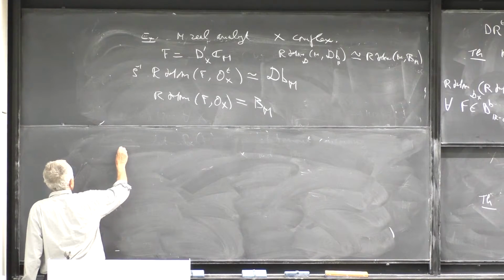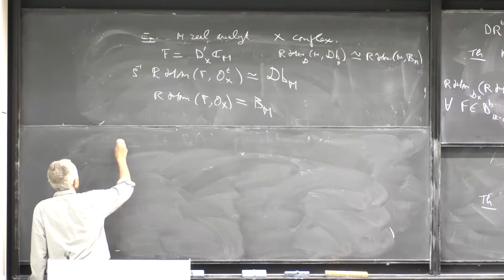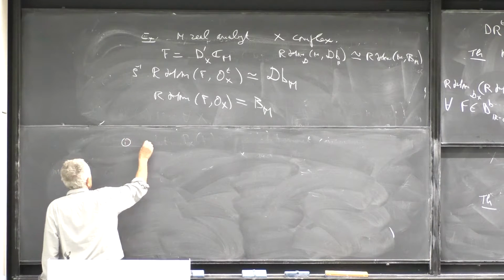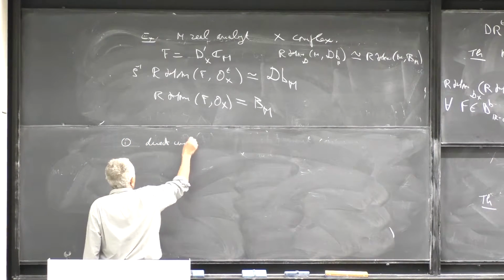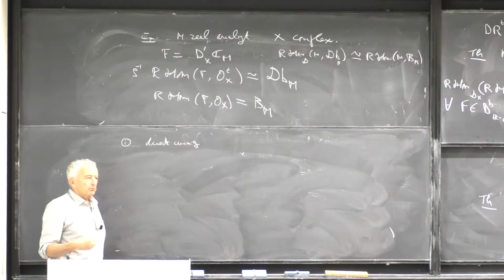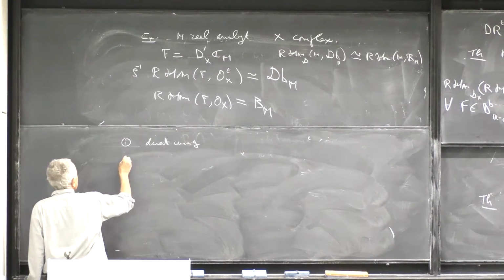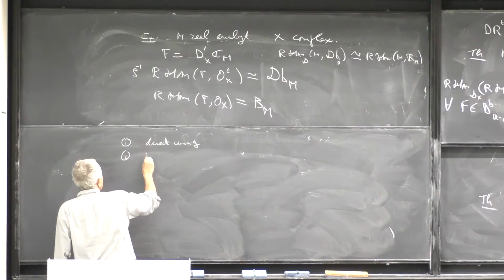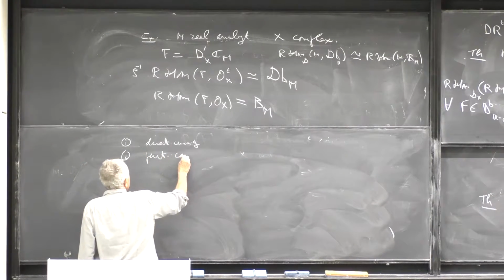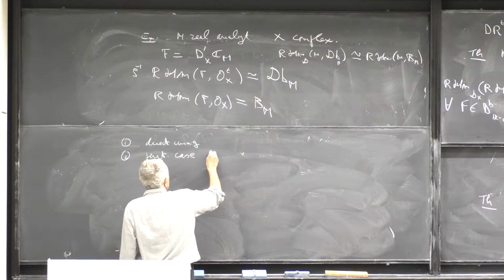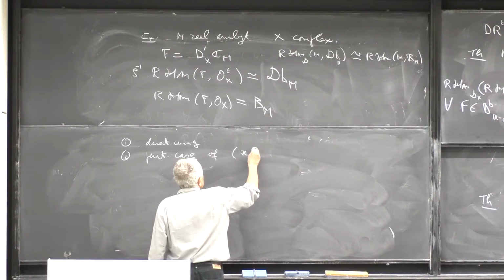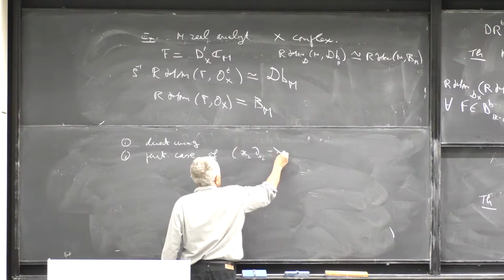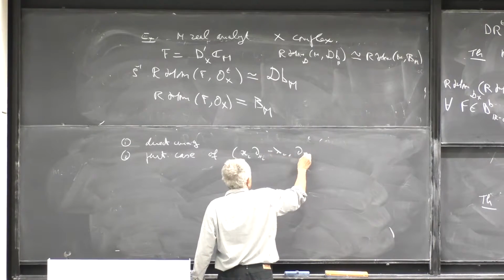So remember that we have to prove two things. Direct image: that the property is stable by proper direct image, projective direct image. And a particular case, we have to check the particular case of xi dxi minus lambda I dxj.